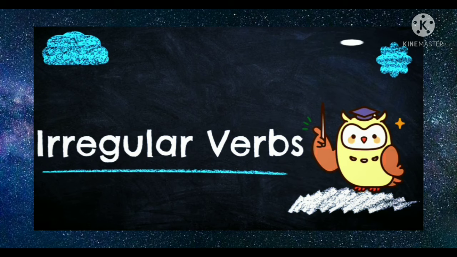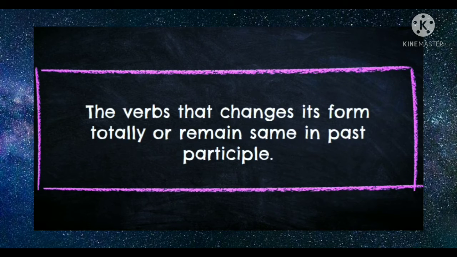Now, let's look at the irregular verbs. Irregular verbs are verbs that change their form totally or remain the same in the past tense. Here, the form will either change totally or remain the same.